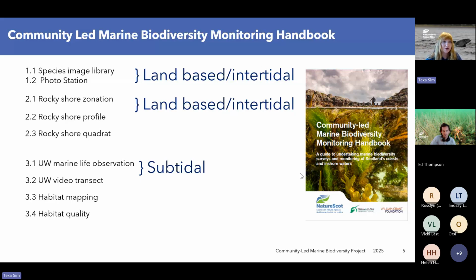So we've got the underwater marine life observation, which gives you a snapshot of your underwater marine life, and that can be using a kayak or a SUP, drop-down video, ROV or a pole cam, for example. It can really be useful for your look-see survey, so looking and seeing what's there, and also building an idea of what other ways you could look more in detail at your habitats.